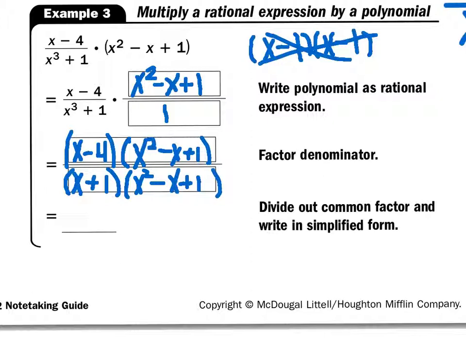If you forget how to do this, it's up on the wall on a poster. So that's my two factors. Notice that the top and the bottom factors are the same, so I can mark those out. I'm left with x minus 4 over x plus 1.